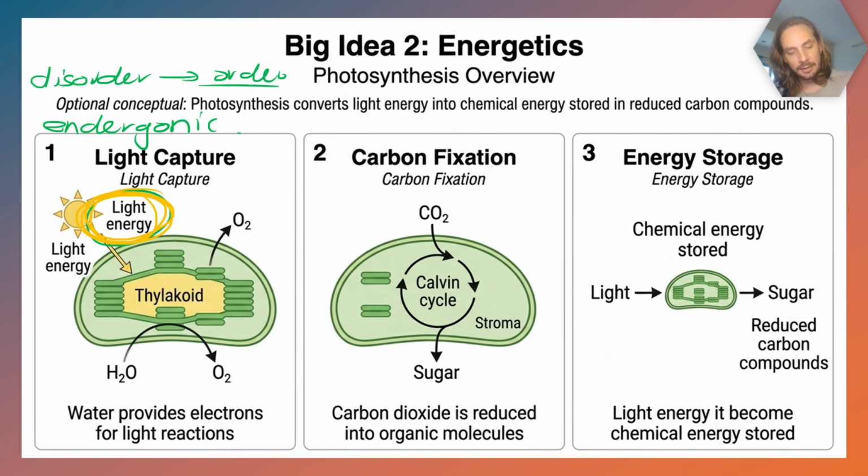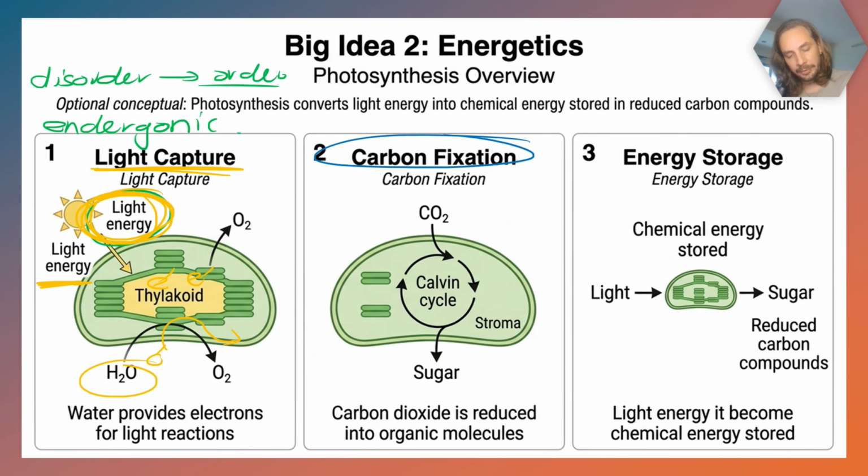And we get that energy from light energy. So we start out with light capture, okay, where we would use the light energy to create basically free energy in the form of electrons. Okay, so water would give us those electrons, and then we would use those electrons later.